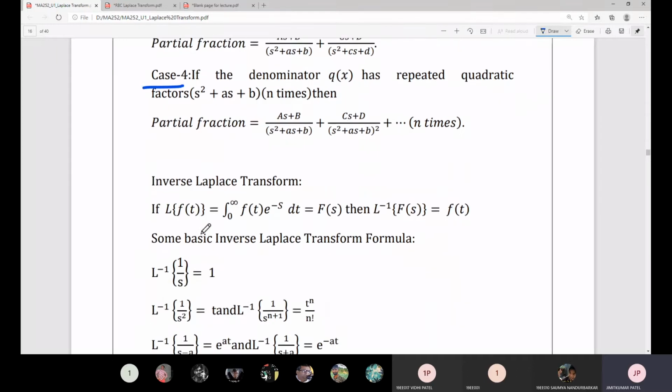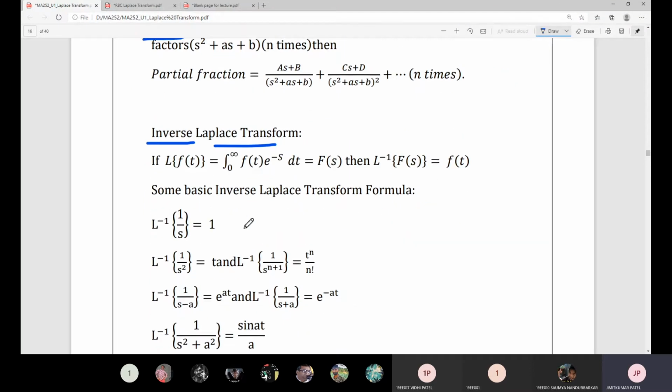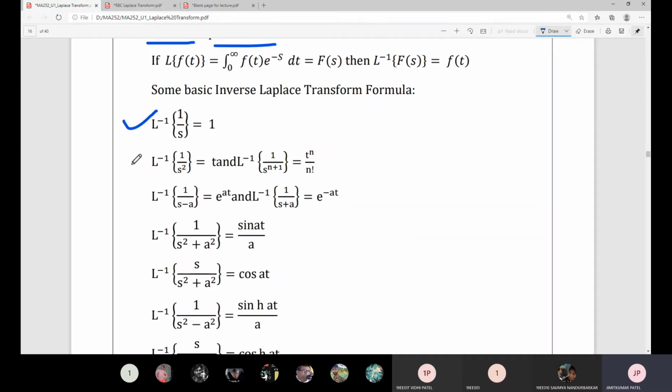Now next we go for the inverse Laplace transform, how we can define it. We discussed the inverse Laplace transform and some formulas. For example, Laplace inverse of 1 upon s is equal to 1. We also derive it from the Laplace of 1. In the same way, Laplace inverse of 1 upon s square is equal to t.